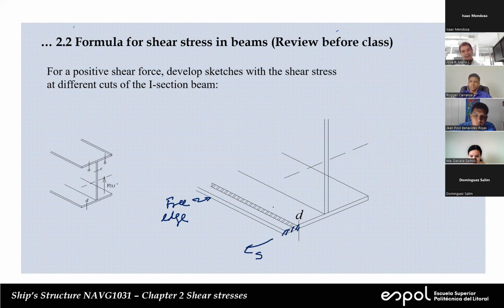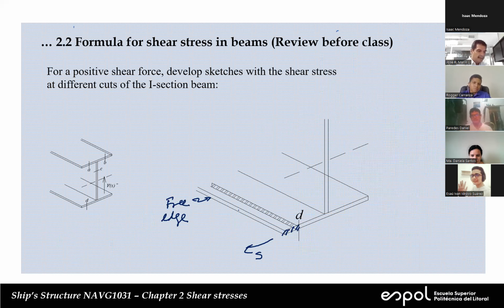Question: is this a positive or negative phase? There's only one chance, people.